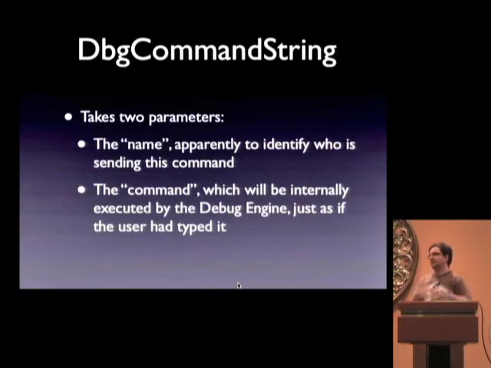The target calls DebugCommandString and it has 2 parameters. The name, to basically say who is sending this command, but that name is never shown anywhere, and then the command itself. And then this gets packaged into a KD packet, gets sent to the debug engine, and the debug engine will then execute this command as if you had typed it.